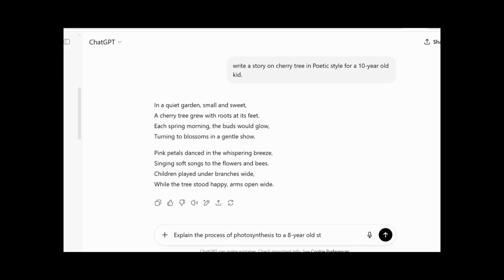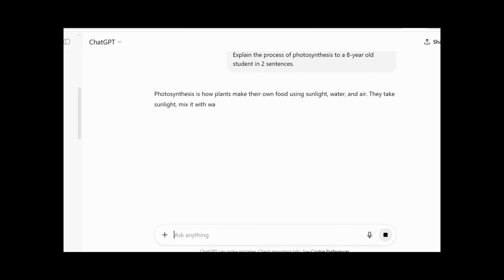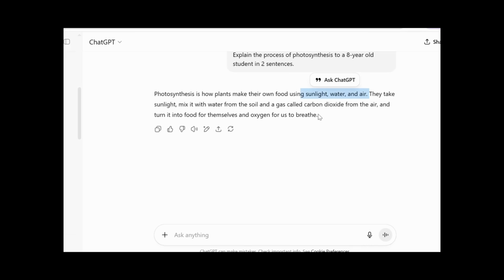So again, it's an instruction based prompt, or you can say a constraint based prompt also, because we have put a constraint here that the answer be in two sentences only, and this should be for an 8-year-old only. So it has responded and defined the process of photosynthesis so that an 8-year-old student can understand, and as we mentioned, two sentences, it has written the answer in two sentences only.